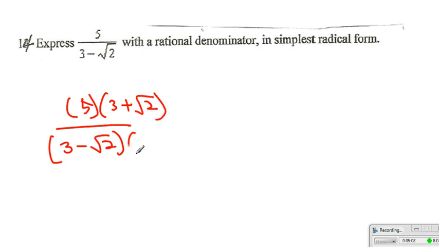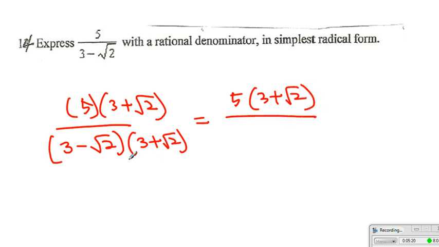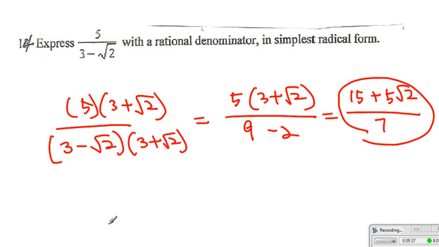Then the numerator becomes 5 times 3 plus radical 2, and the denominator simply becomes 9, which is 3 squared, minus 2. Then this becomes 15 plus 5 radical 2 over 7. That becomes our final answer.